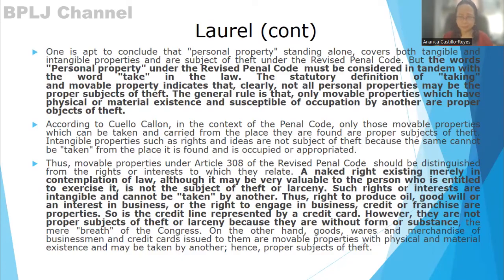So a naked right, existing merely in contemplation of law, although it may be very valuable to the person who is entitled to exercise it, is not the subject of theft or larceny. Such rights or interests are intangible and cannot be taken by another. Thus, the right to produce oil, goodwill, or an interest in business, or the right to engage in business, credit, or franchise are properties. So is the credit line represented by a credit card. However, they are not proper subjects of theft because they are without form or substance.